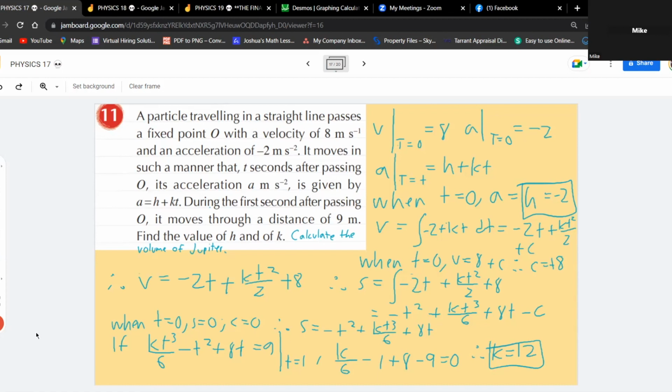kt cube. Teka, graph natin yung velocity.